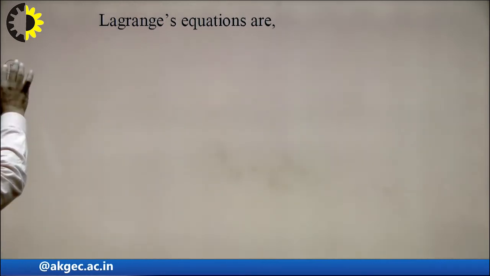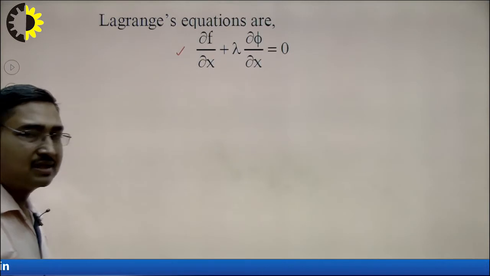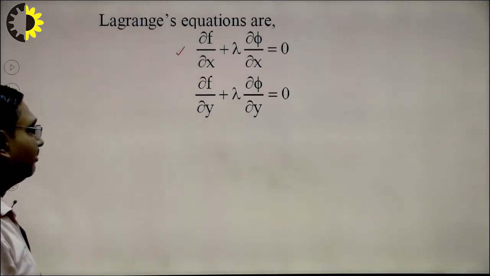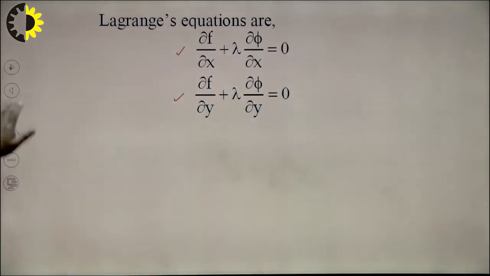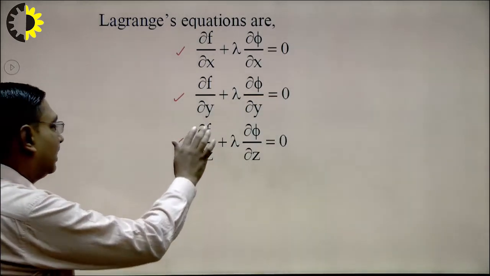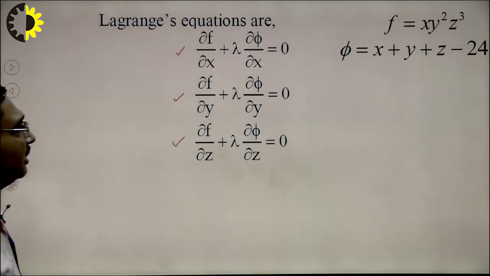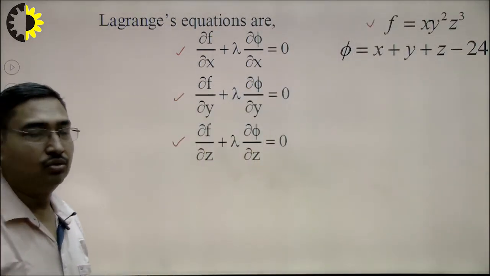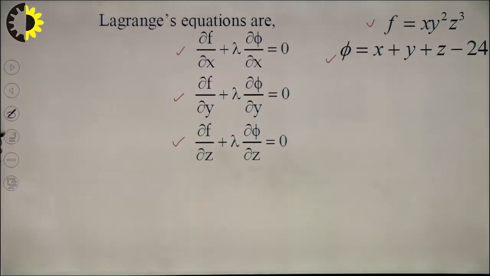Lagrange equations are del f over del x plus lambda del phi over del x equal to 0, del f over del y plus lambda del phi over del y equal to 0, del f over del z plus lambda del phi over del z equals 0. Now this was f, x y square z cube, and this was phi, x plus y plus z minus 24.